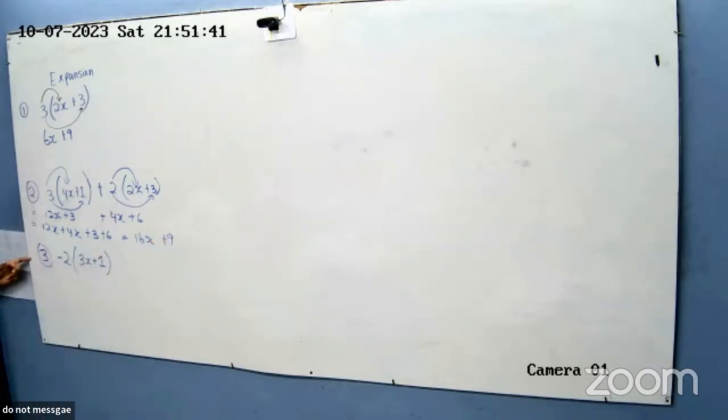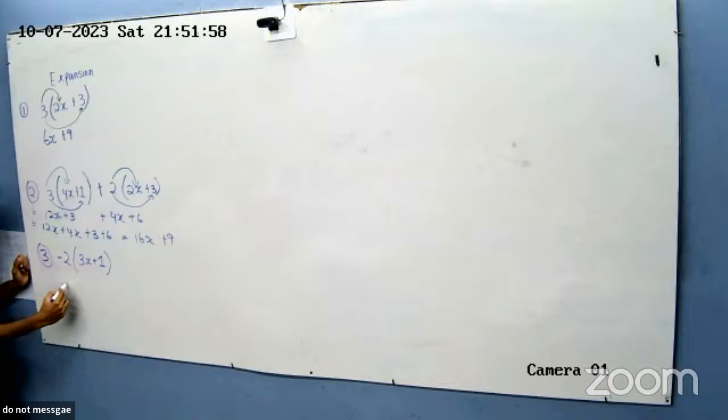For this one, we have minus 2, right? A negative multiplied by a positive will give you what? A negative. So negative 2 by positive 3x will give you negative 6x. Don't forget the x. And then negative 2 by positive 1 will give you negative 2.